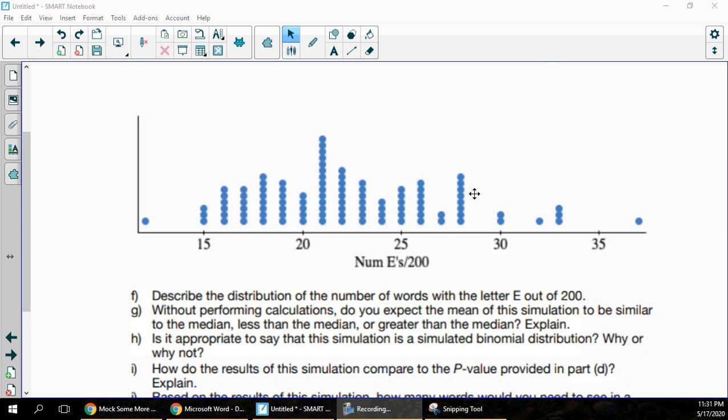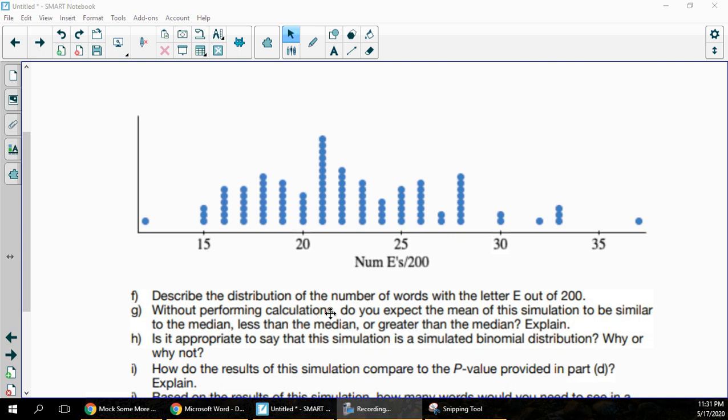I don't necessarily know that they are unusual, but they want to know that you've addressed that, that the center is approximately in here, and that the spread goes from here to here. So the center, I don't know, is somewhere between 20 and 22 maybe. The spread goes from down here, whatever this number is, maybe 11 or 12, up to perhaps 37. And you can remember that with either cussing or putting on your socks, however you remember that.